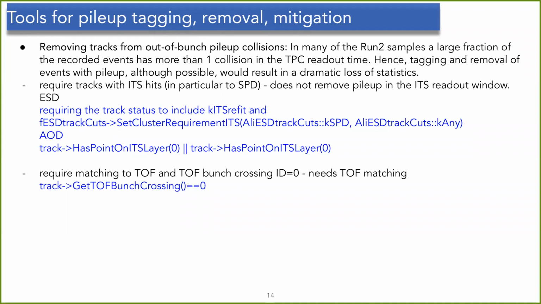So if you do some TOF matching of your track, in that way you can reject the tracks coming from pileup events. You can do that by calling GetTOFBunchCrossing and checking if the status is equal to 0. If the status is equal to 0, that means your track has a hit in the TOF, and that means it is probably not coming from pileup events.